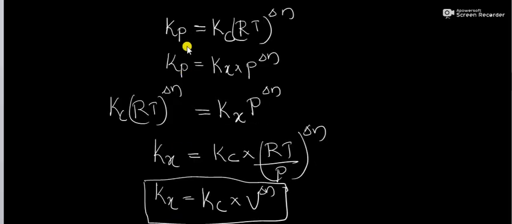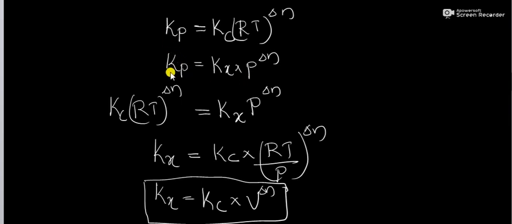Then what is the relation between Kc and Kx? The first equation is Kp is equal to Kc into (RT) raised to delta n, and another equation relating Kp and Kx is Kp equal to Kx into P raised to delta n. In both these equations, the LHS are the same.